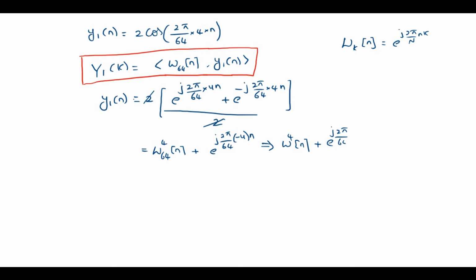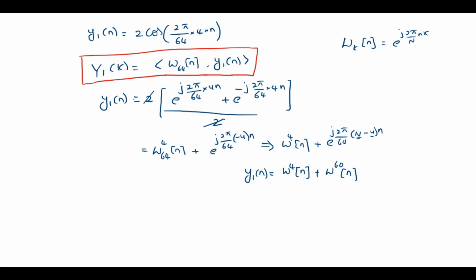Since the twiddle factor is periodic, it can be written as capital N minus 4 into n. So here N is 64 minus 4, which is 60, so W power 60 of n. Now your Y1 of n is twiddle factor power 4 of n plus twiddle factor power 60 of n.